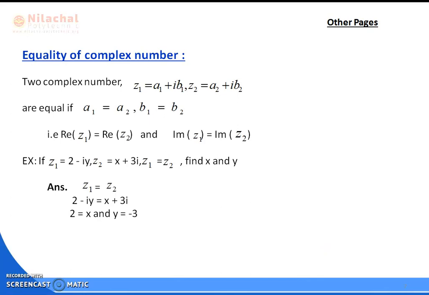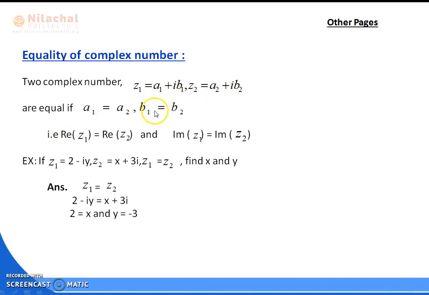Then come to equality of complex numbers. Suppose there are two complex numbers, Z1 and Z2. Z1 is represented as a1 plus ib1 and Z2 equals a2 plus ib2. They are equal if there is a condition. This is the real part and this is the imaginary part of Z1.